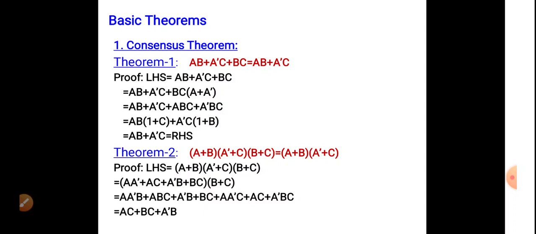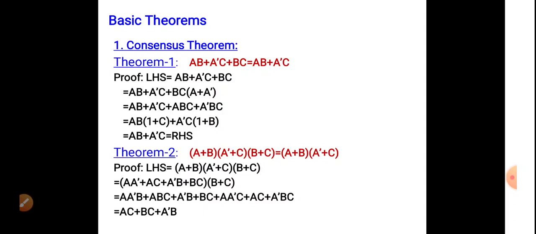I am applying the duality theorem for this. Duality means dot is replaced with plus, and plus is replaced with dot. So here it becomes A plus B into A bar plus C, again into B plus C, which is equivalent to A plus B into A bar plus C.